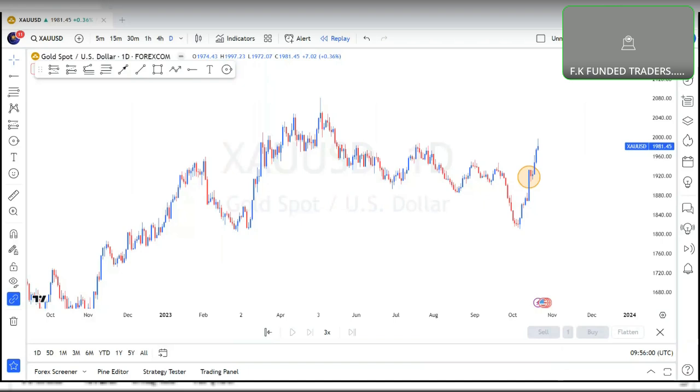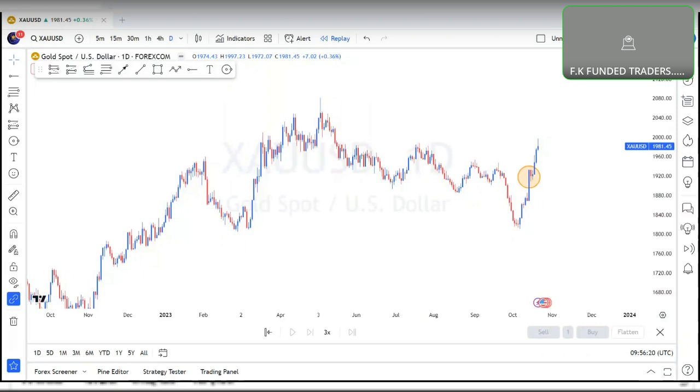Do you know what we call the tweezer candles? The tweezer bottoms, you have even tweezer tops. You have to be very technical. So if you find those two on any level, either the support level or the resistance level, just know that the market is going to respect that area, giving you some good pips, around 100 pips above.